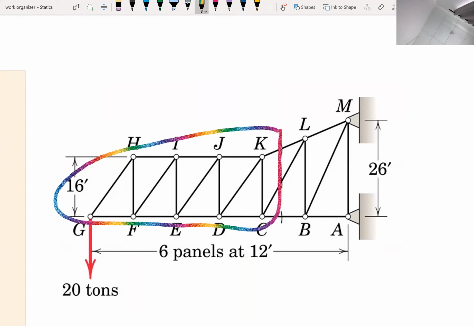So first we assume, macam mana nak tengok to determine the force type for KL, CL and CB ni kan. What we have to do is we look at the external force. External force ni is going downward kan.